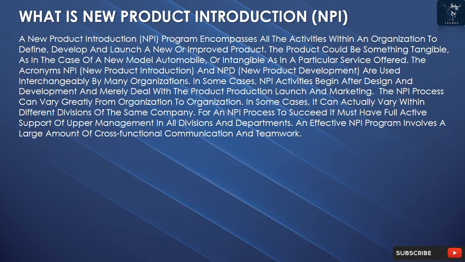In some cases, it can actually vary within different divisions of the same company. For an NPI process to succeed, it must have full active support of upper management in all divisions and departments. An effective NPI program involves a large amount of cross-functional communication and teamwork.